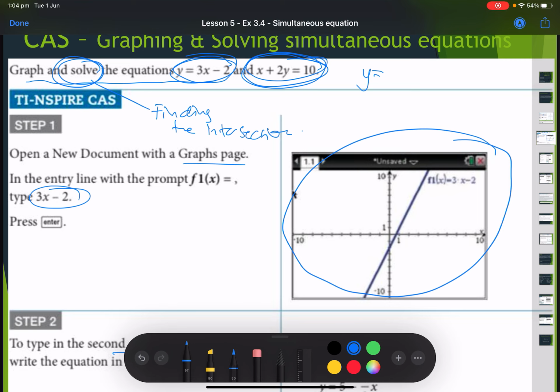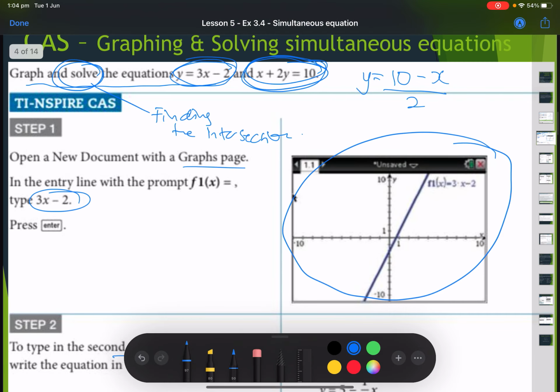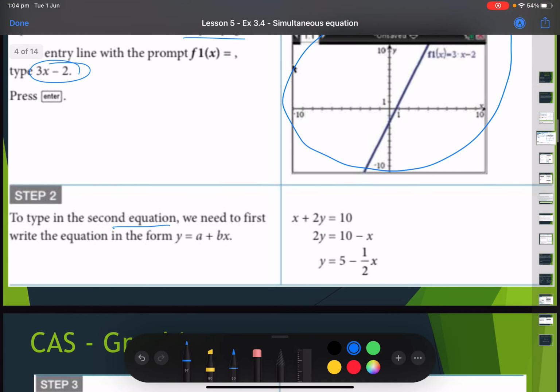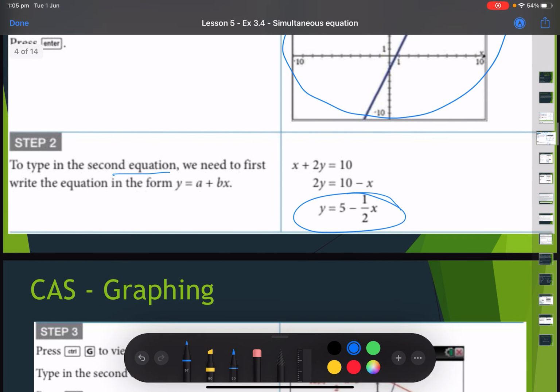We subtract x from both sides to get 10 take away x, and then we divide by 2, so we end up with 10 divided by 2, which is 5, take away x on 2, which is what they've written here. X on 2 is the same as writing half x, so we're going to write this into our graph page.